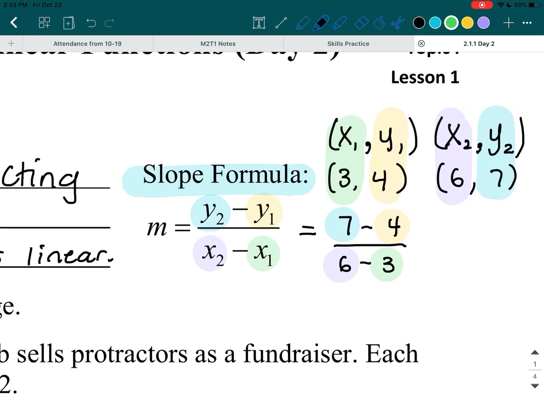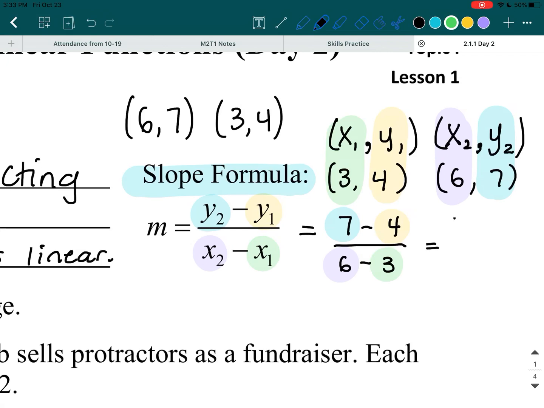Now some of you might be wondering, what if I had the points given to me in the other order? Here I said 3, 4, and 6, 7. What if the points were 6, 7, and 3, 4? Does the order of the ordered pairs matter? No, it doesn't.